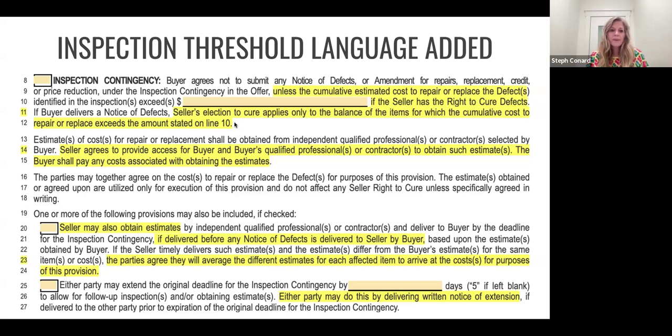So again, this is more just to say, if we're exceeding that threshold amount, you're going to just negotiate as normal. We're going to spell out and map out how repairs are addressed, whether it's the seller actually taking on the work themselves, whether it's a credit, whether it's a price drop, etc. And again, if it gets down to that notice of defects, that's when we'll apply the credit.